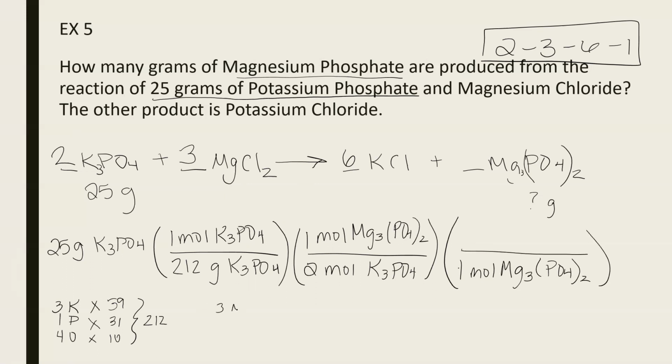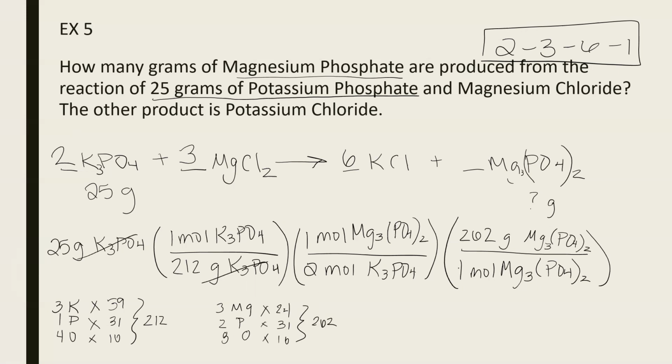I've got 3 magnesium, 2 phosphorus, and 8 oxygen. Magnesium's about 24. We said phosphorus about 31, oxygen about 16. I got about 262. Okay, if you have something a little bit different. Okay, don't forget units and labels.